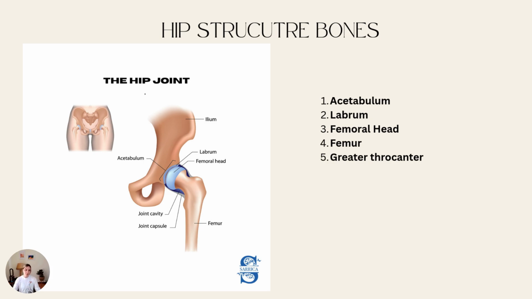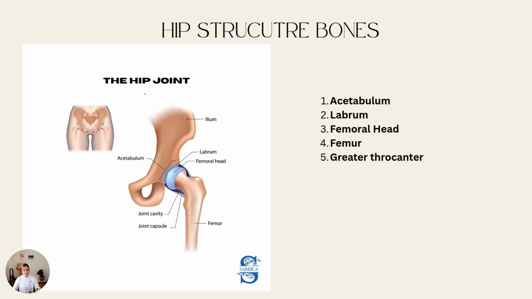So when the labrum is compromised, when there is any injury to it, like a tear, for example, the joint stability can decrease. But it's not because the joint becomes loose itself, it's more because the fluid seal is a little bit altered. However, individuals who have a labral tear may feel that the joint is quite unstable, even though the ligaments may all be intact.